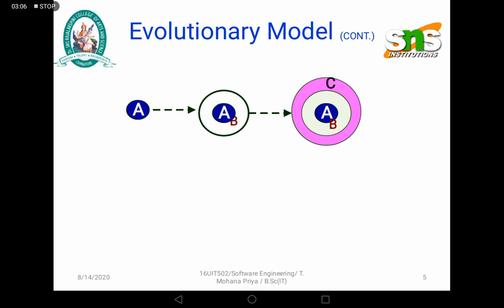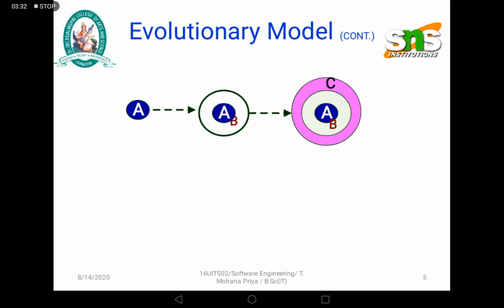This diagram explains how the evolutionary model works. Here the core module is module A. First it is developed by the development team and given to the customer. The customer works on that core module, and later the development team develops module B, which is incorporated with core module A and given to the customer.